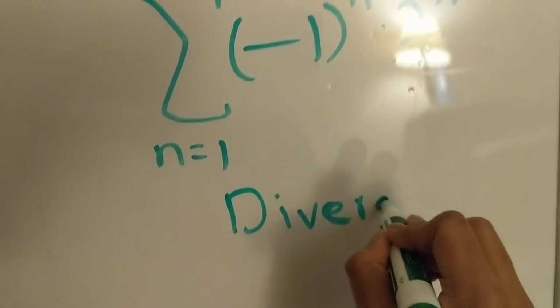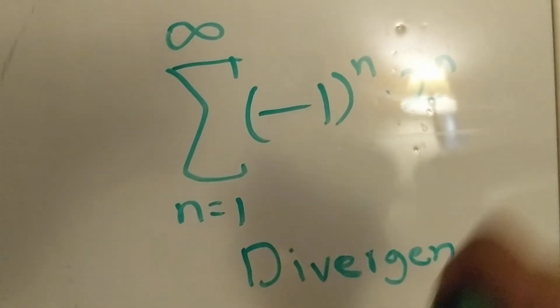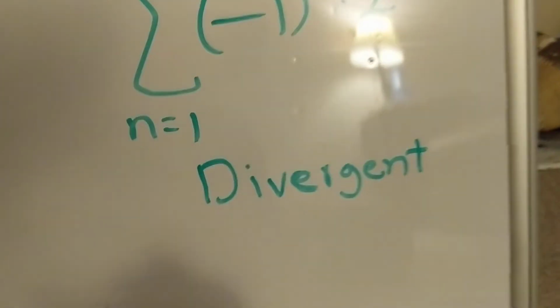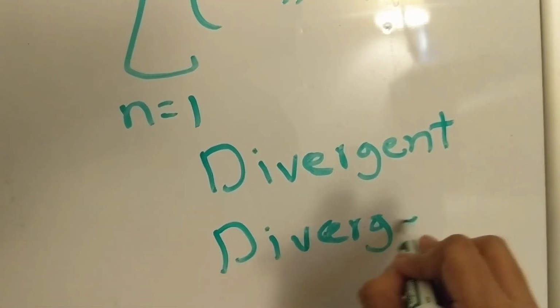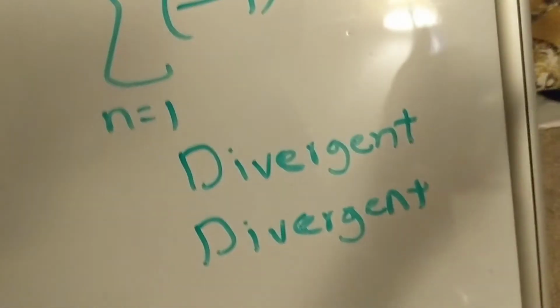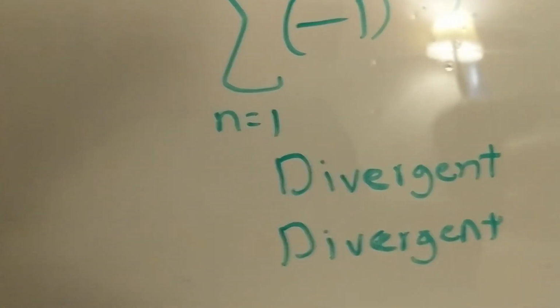When we can say that the original series is divergent, we don't even need to test the absolute value, because it'll also be divergent. And when they're both divergent, you will know that this is completely divergent under every single condition.